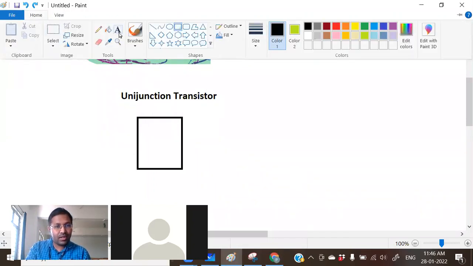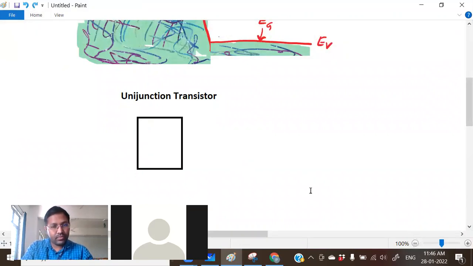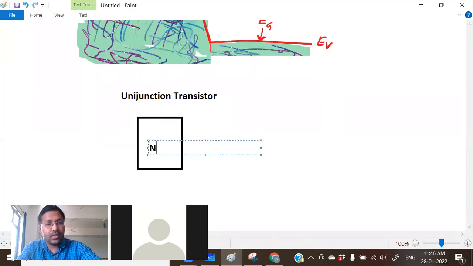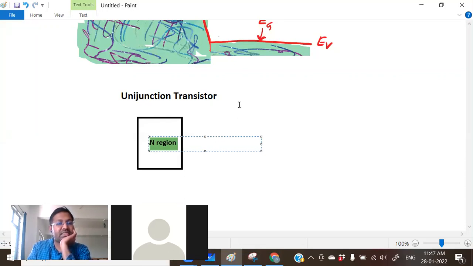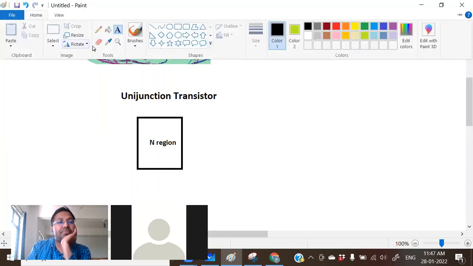Let me call it the N region. Then to this N region, on one side, aluminum is alloyed.